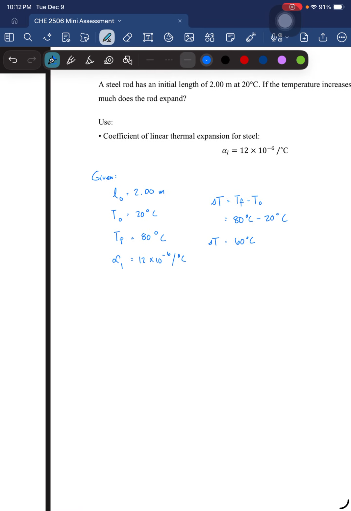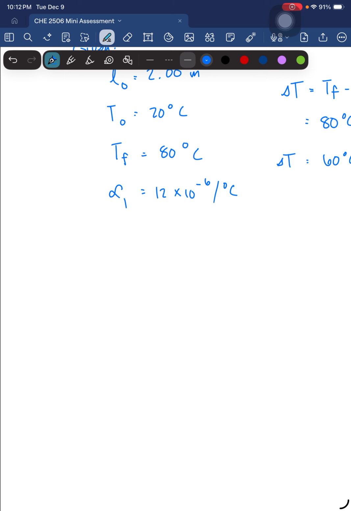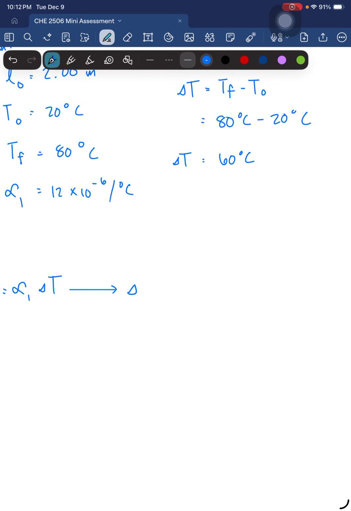Now we will get the formula that we have in here, and we will solve for the final length. So we have delta L over L initial equals alpha L delta T. And then solving for delta L, we will get alpha L multiplied by delta T multiplied by the initial length.